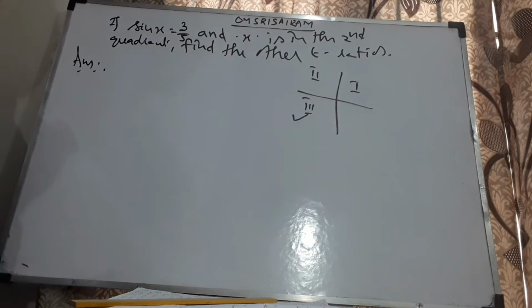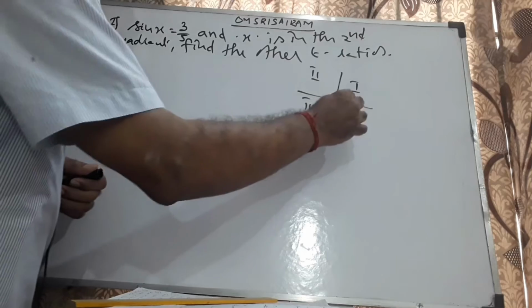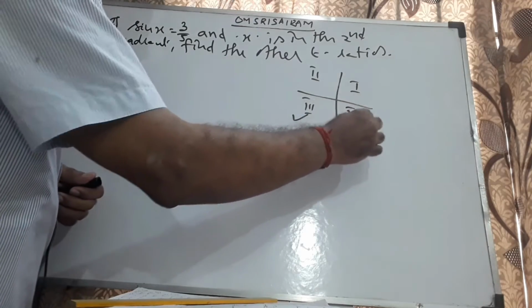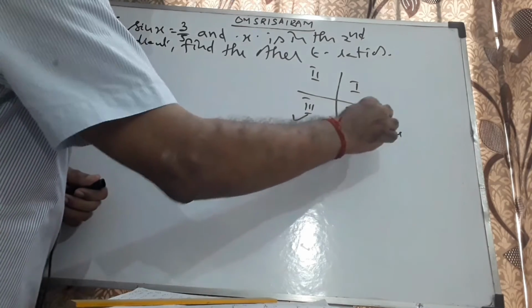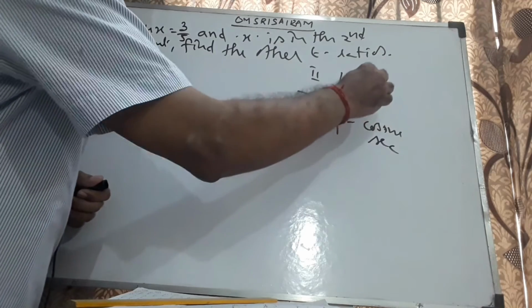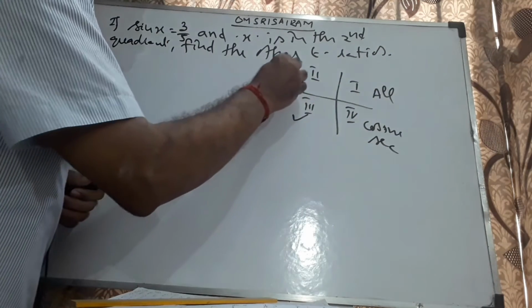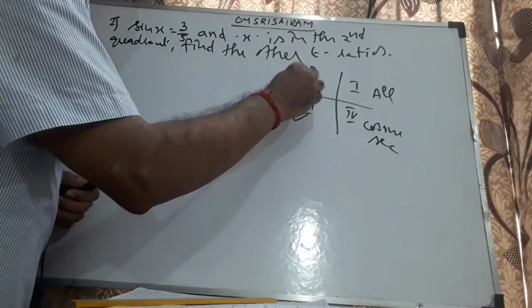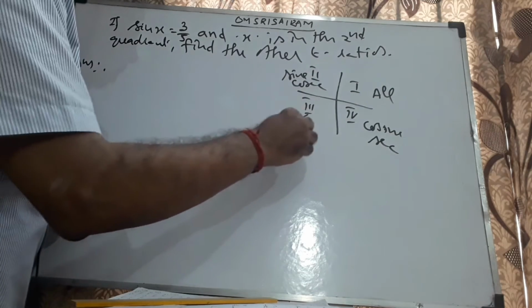Out of the first 3 functions, sine, cosine and tan, the one starting with C is cosine. Therefore, cosine and its reciprocal secant are positive in the fourth quadrant. Here cosine and secant, here all of them are positive. Here sine and cosecant, here of course tan and cot.